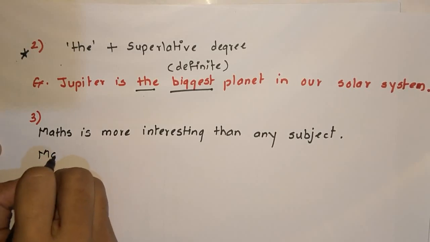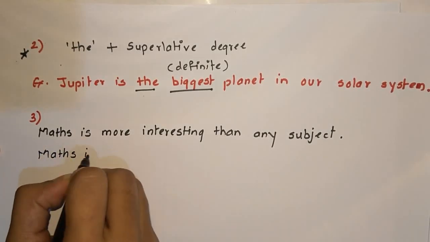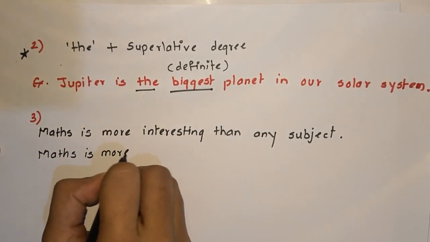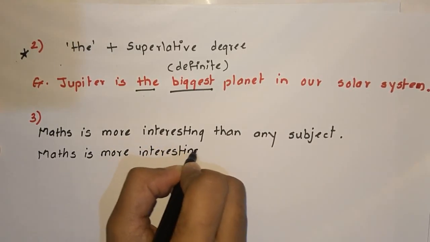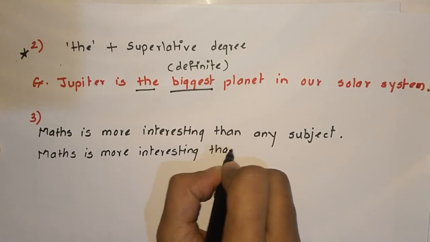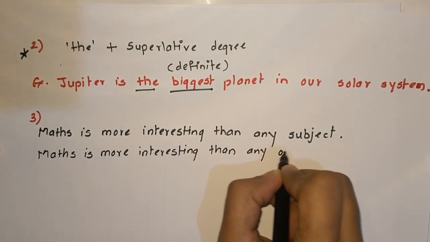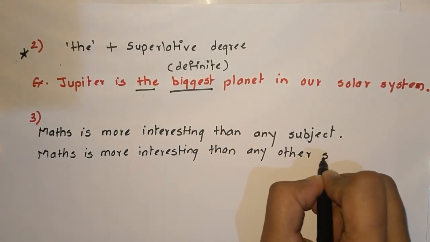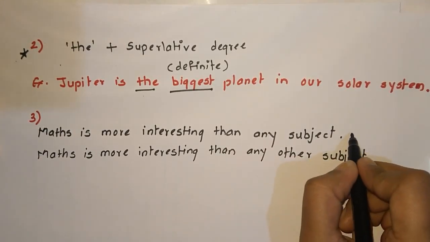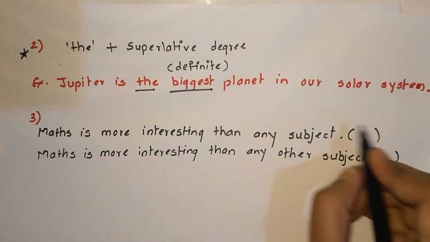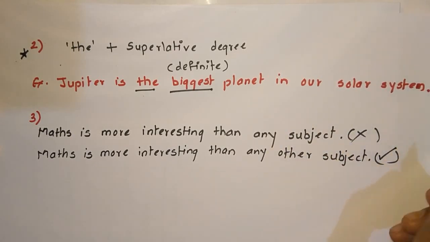And another sentence, maths is more interesting than any other subject. Now from these 2 sentences, which one is correct? The first statement is wrong and the other one is correct.